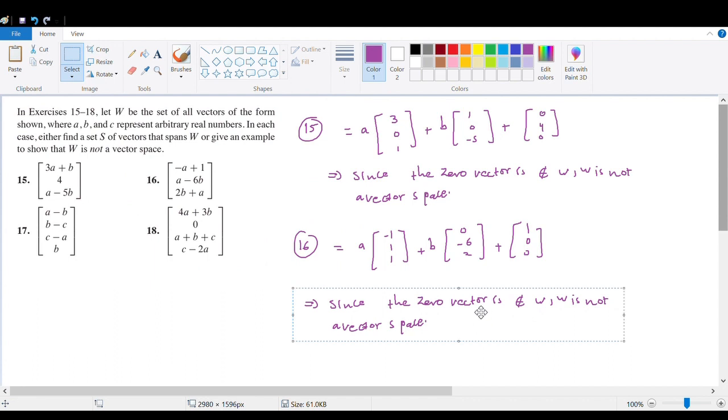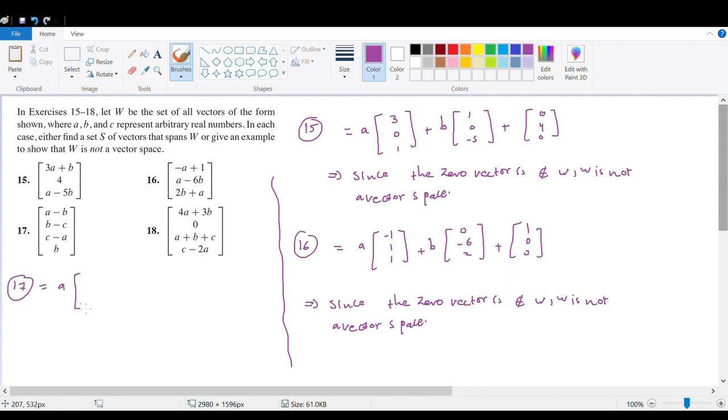Now for 17, we have A minus B, B minus C, C minus A, and lastly B. Can we rewrite this one as a span of vectors? So let us write it here. For 17, this is equal to A times the coefficients 1, 0, minus 1, 0, plus B times the coefficients minus 1, 1, 0, 1.